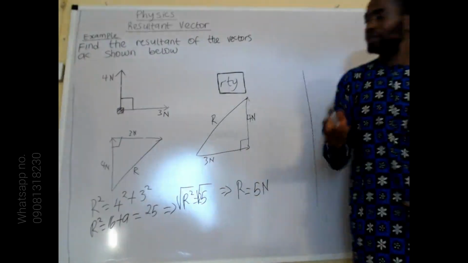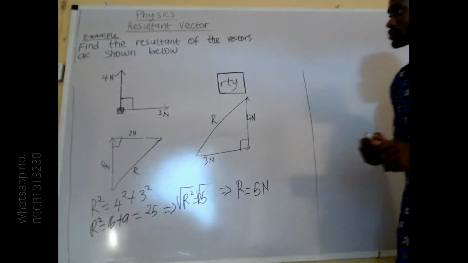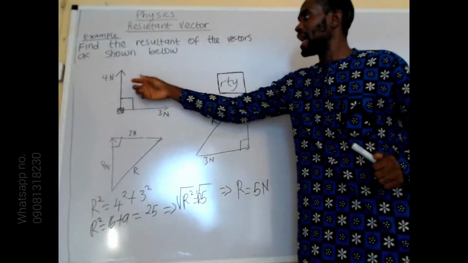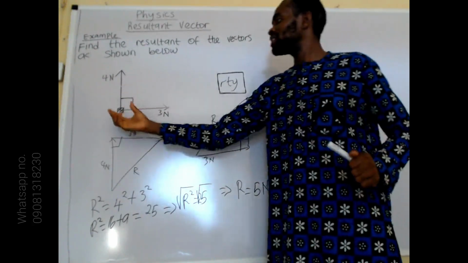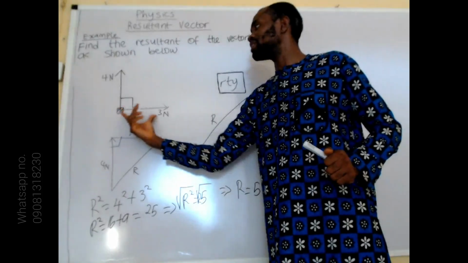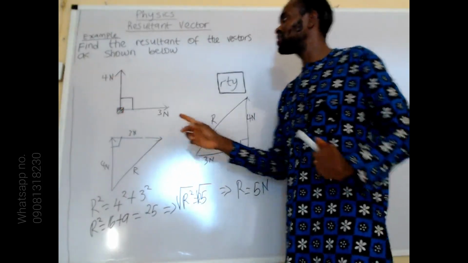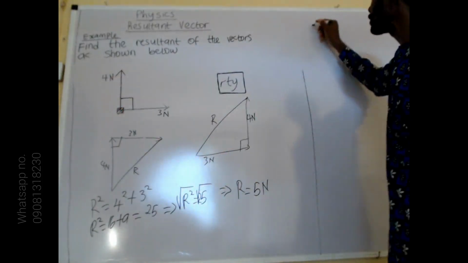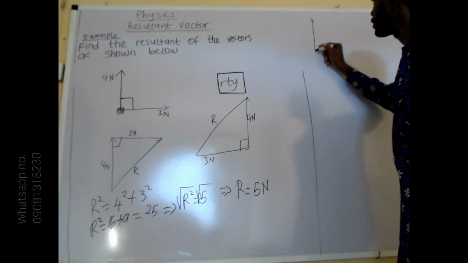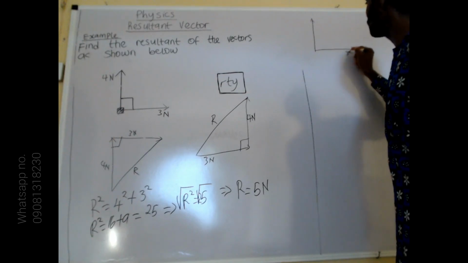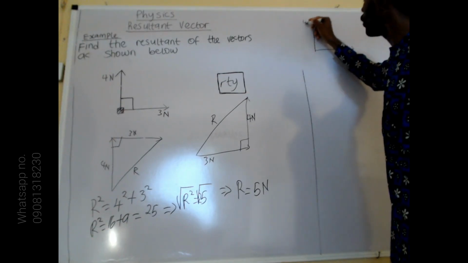But before I tell you that, mind you, when this kind of question is given, some people will just join this at once, like this, 3 Newton and 4 Newton.